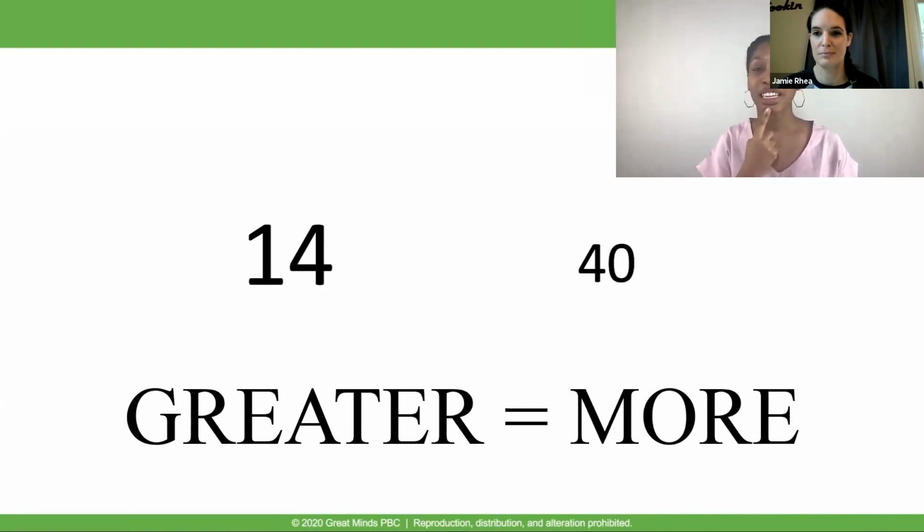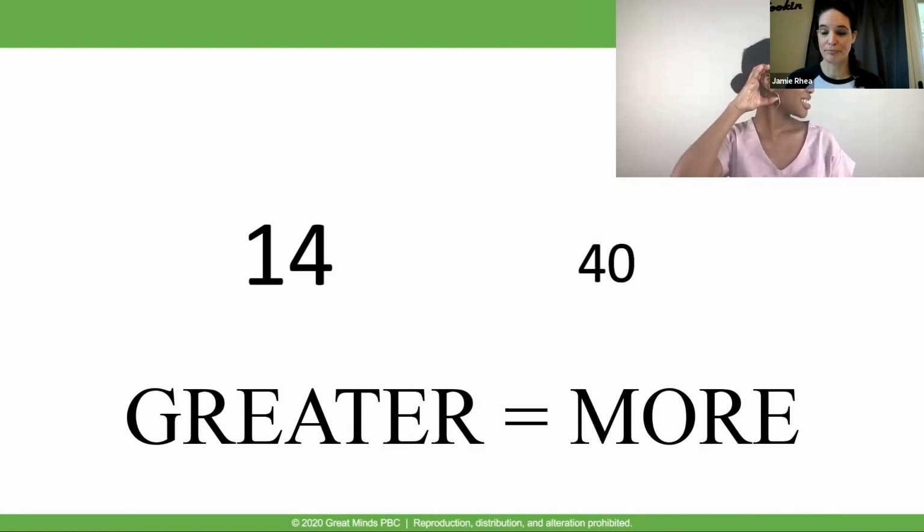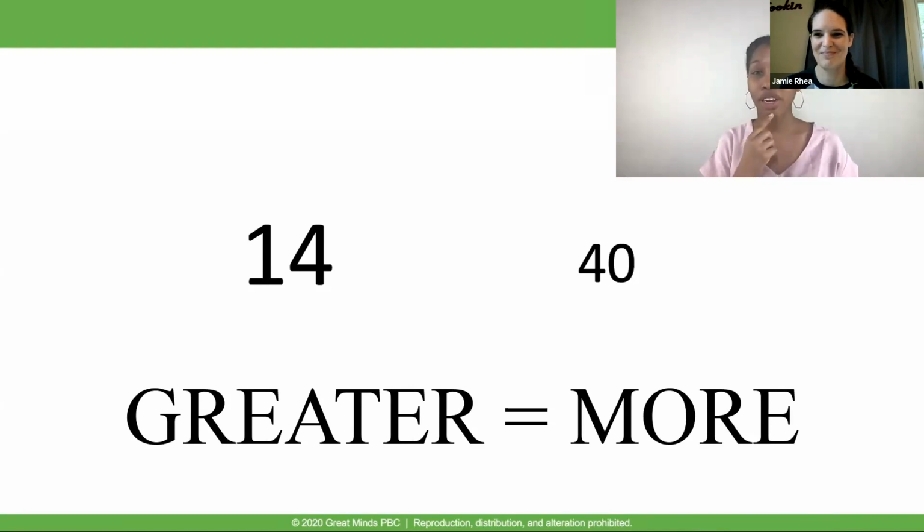Okay. So, which one do you think is greater? We think it's 40. Yes, 40 is greater. How do you know, mathematician? Because we compared our numbers in our tens place. That's right.